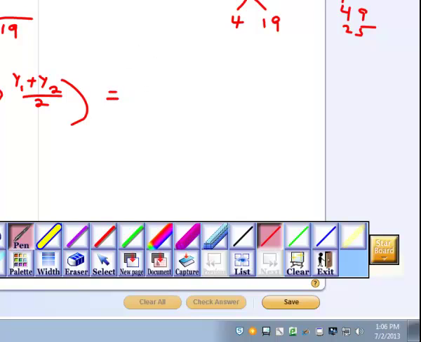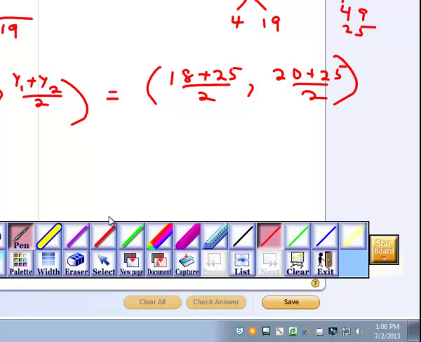And so this will be 18 plus 25 over 2. And then you're also going to have 20 plus 25 over 2. And you may get a fraction with that.